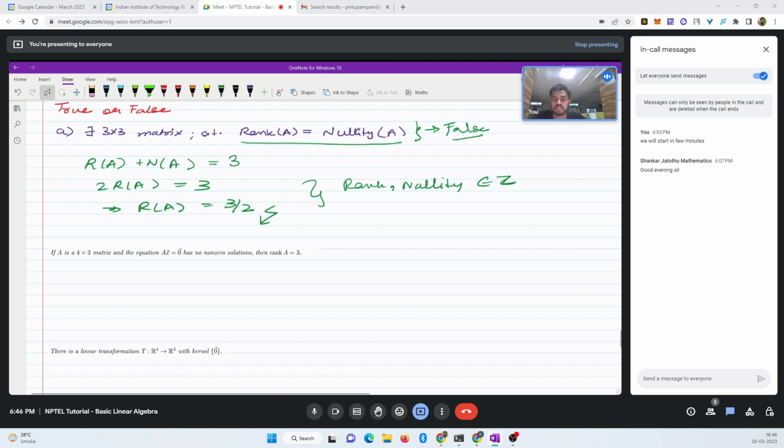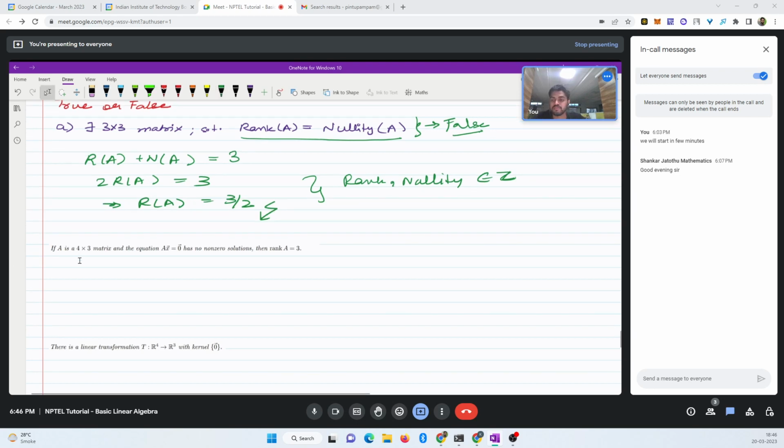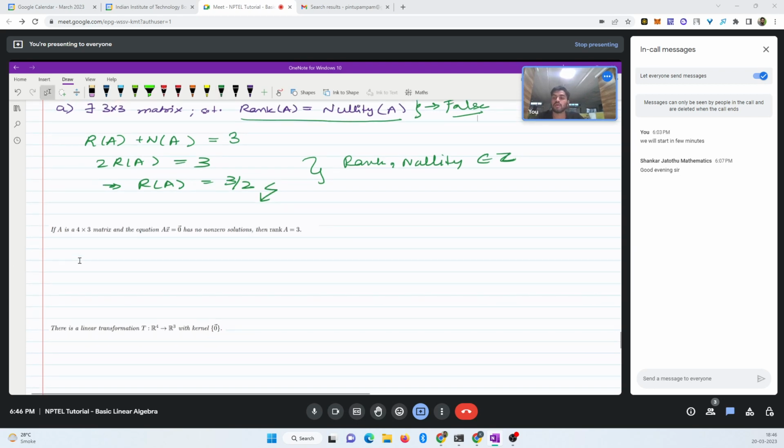Now moving on to the next. Let's say A is a 4 cross 3 matrix, and the equation Ax is equal to 0 has no non-zero solution. No non-zero solution means nullity, let me use capital N only for nullity from now onwards, so nullity of A is 0.